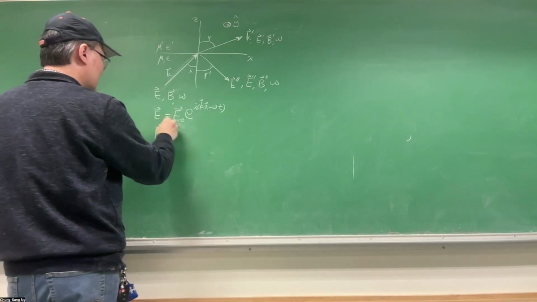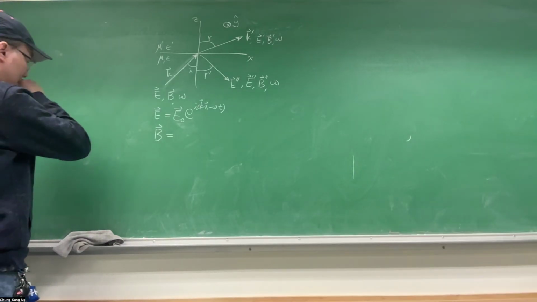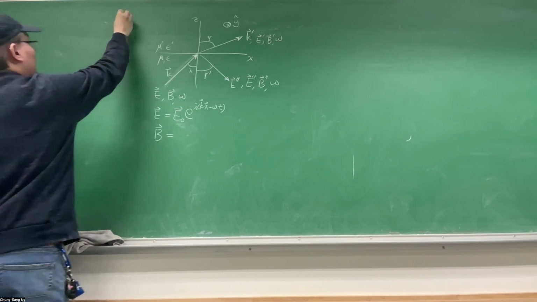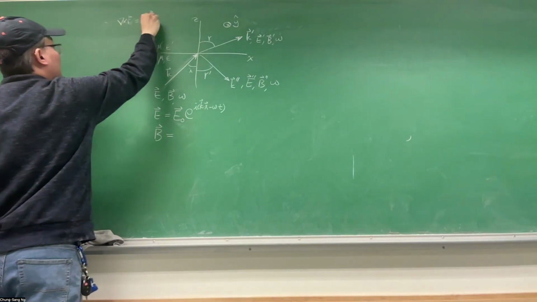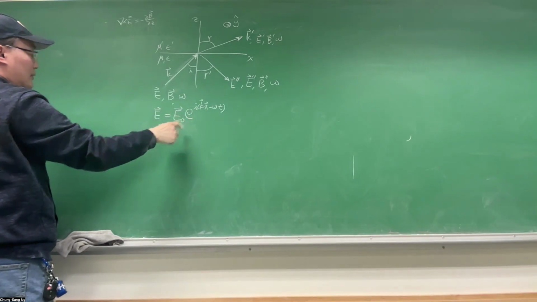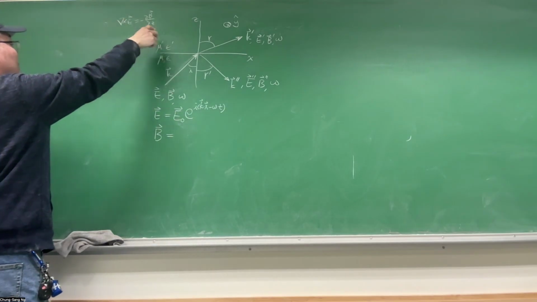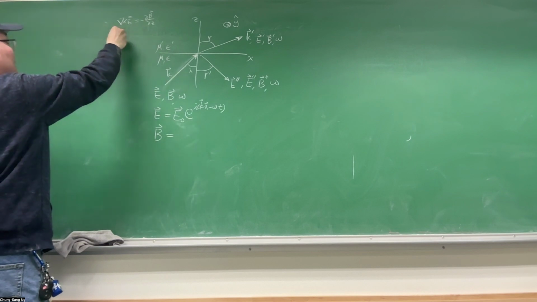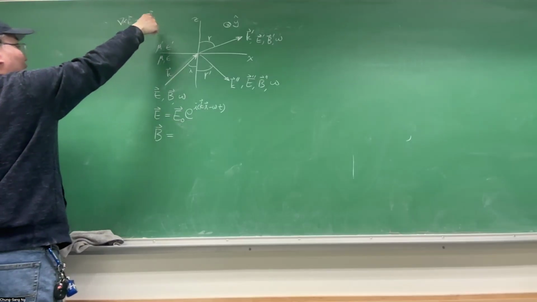Now the magnetic field B we figure out the easiest way from Faraday's law: curl E equals minus partial B partial t. With the same phase factor in B, curl E gives you i k cross E, and then you pull out the minus i omega.